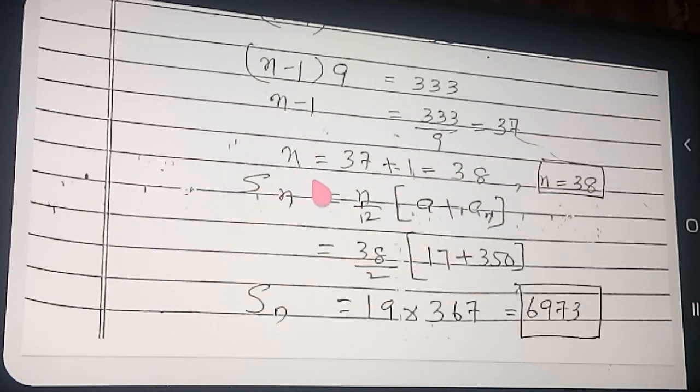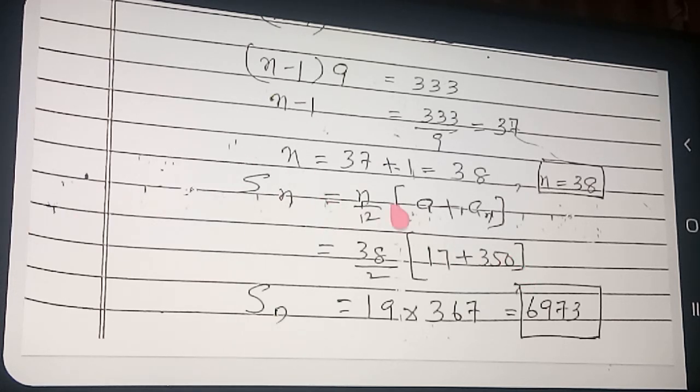Sn is equal to n by 2 into (A plus An). What is the value of n? This is not 12, n by 2 only. So n is equal to how much? 38. 38 by 2 into the value of A, the first term 17, and the last term 350.